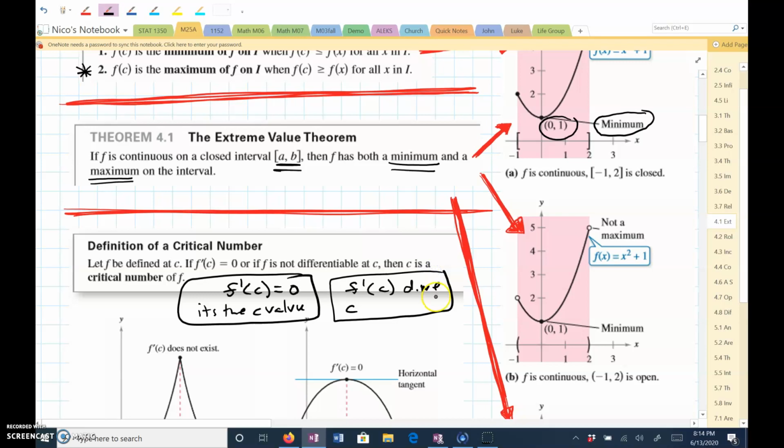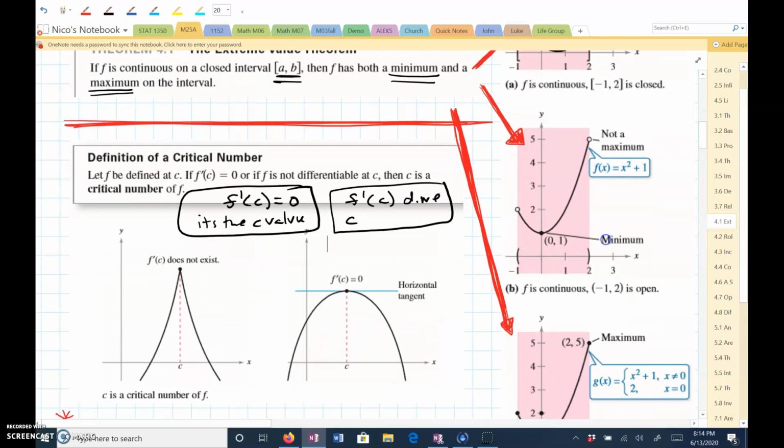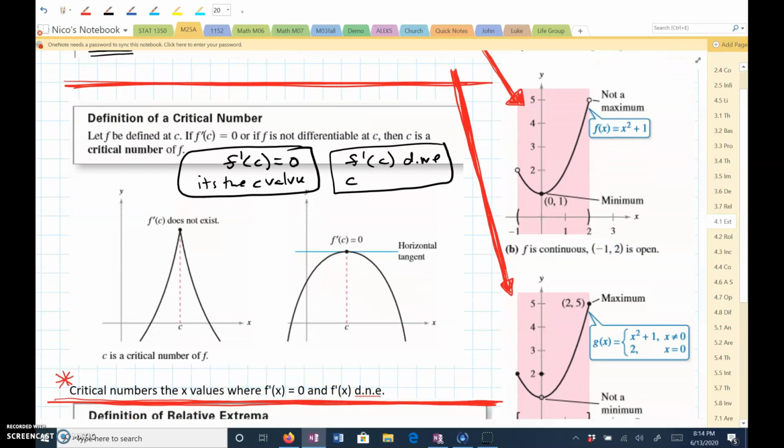Critical values are going to be important because typically minimums or maximums can happen at critical values, or relative mins and maxes can happen at critical values. So we're going to find those critical numbers quite a bit. Here is an example where f prime of c does not exist, and that would be a max.